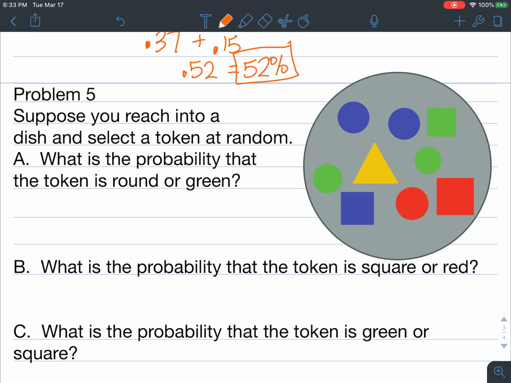So the first thing you need to do is ask yourself if these events are mutually exclusive. Is it possible to be round and green at the same time? Of course it is. Right here and right here. Those are two items that are round and green at the same time. So being round and being green are not mutually exclusive events. However, being green and being a triangle would be mutually exclusive events because there are no green triangles in this dish.